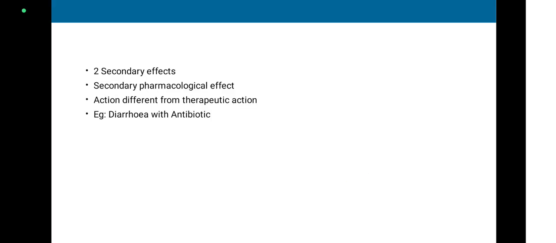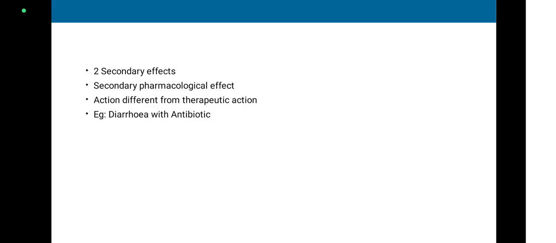Second type is secondary effect, that is the pharmacological adverse event. The pharmacological effect is not the direct action of the drug, but a secondary effect of the drug. Example is diarrhea with the use of antibiotics. Antibiotics are not used for the treatment of diarrhea, nor do antibiotics directly cause diarrhea.